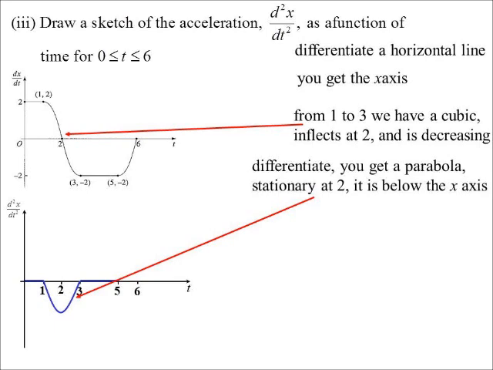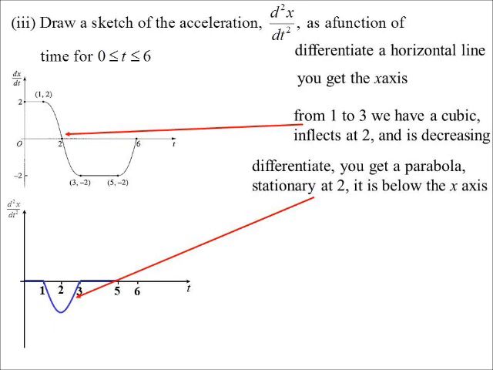But again, if you're justifying what you're doing in your solution, all they're looking for is, do you understand what's happening here? So if you write down things like this, go, well, I'm going to assume that that's a cubic, and if it is a cubic, then I know I should get some sort of parabolic function. Okay, and it's decreasing, so I know it's negative, it's below the axis.